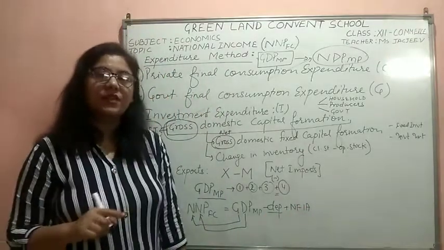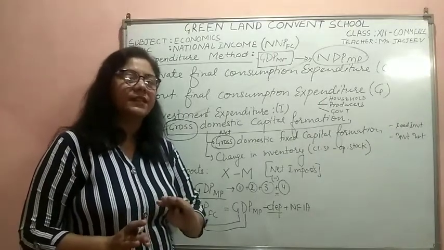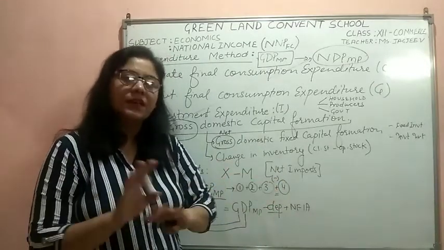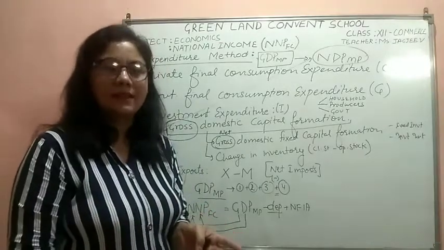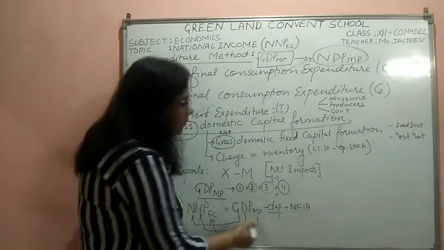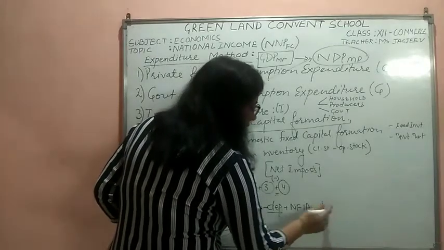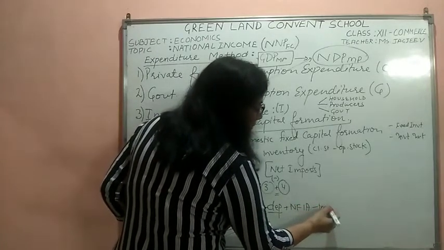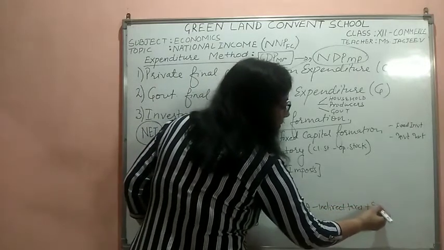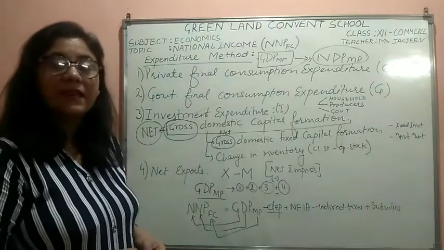But if in the question it is given net factor income to abroad, you have to subtract. You have to remember only the treatment of net factor income from abroad. If it is given as factor income to abroad, you have to just reverse the sign of whatever you are doing. Now from MP to FC, we subtract the indirect taxes and add subsidies. In this way, you would be getting NNP at FC.